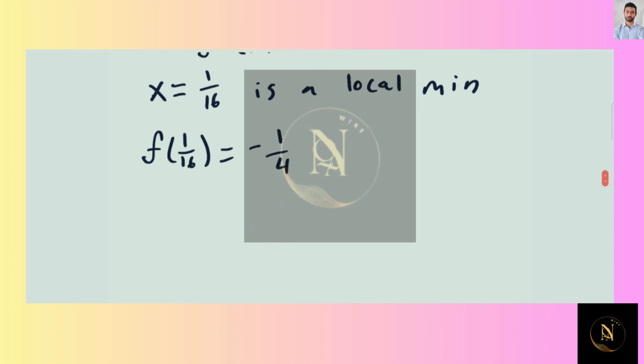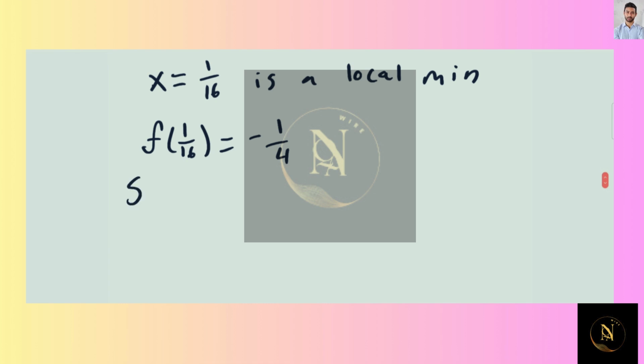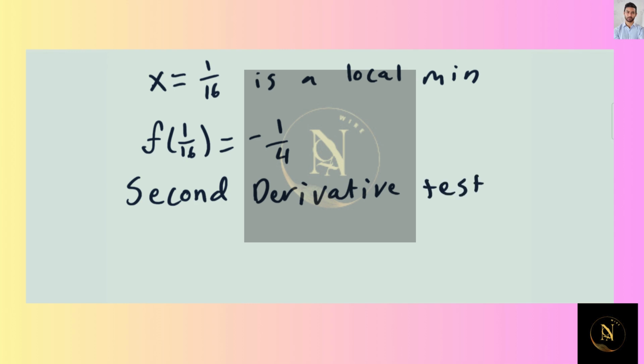Now if we want to use the second derivative test to find the local extrema instead, what we would do is find the second derivative of our function. We know that f prime of x was equal to 1/2 x to the negative 1/2 minus 1/4 x to the negative 3/4.